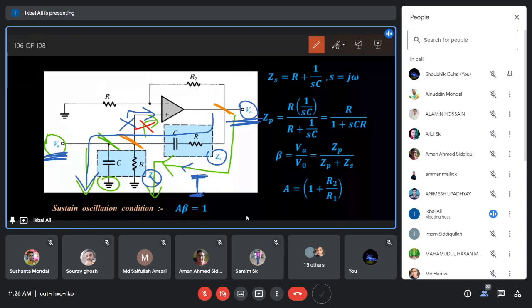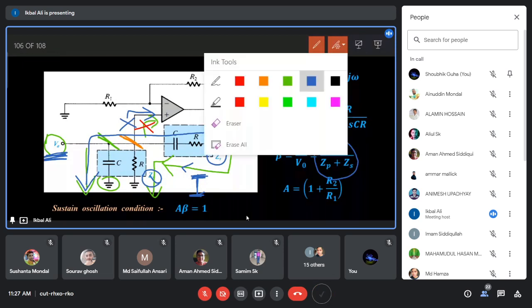If you analyze like this, then you will get beta, the fraction of the voltage generated by this beta network, which is the feedback voltage. That beta should be VA by V0. And you know that VA equals ZP into current, and V0 is ZS plus ZP into current. So current in the numerator and denominator cancels out, and you will get this expression ZP by ZS plus ZP.